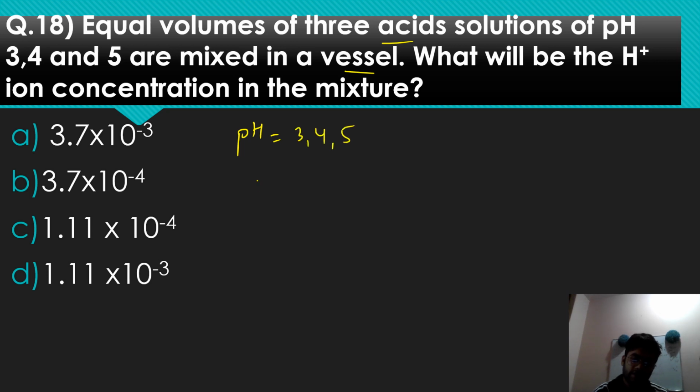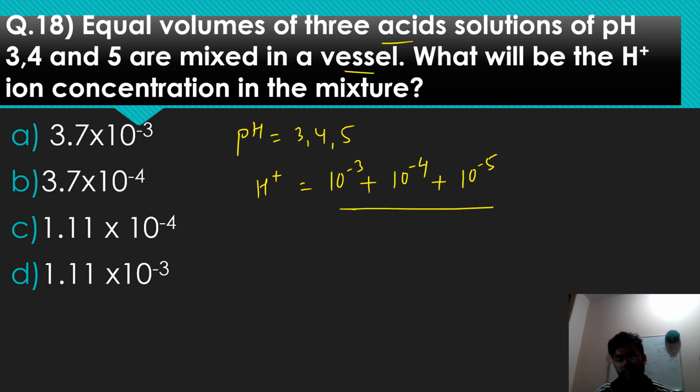It means the concentration of H plus we can directly say is 10 to the power minus 3 for one acid, 10 to the power minus 4 for another, and 10 to the power minus 5 for the other. So we have to calculate the H plus ion concentration in the mixture. We add these 3 concentrations of H plus and calculate the average, that is, divide by 3, because there are 3 acids.